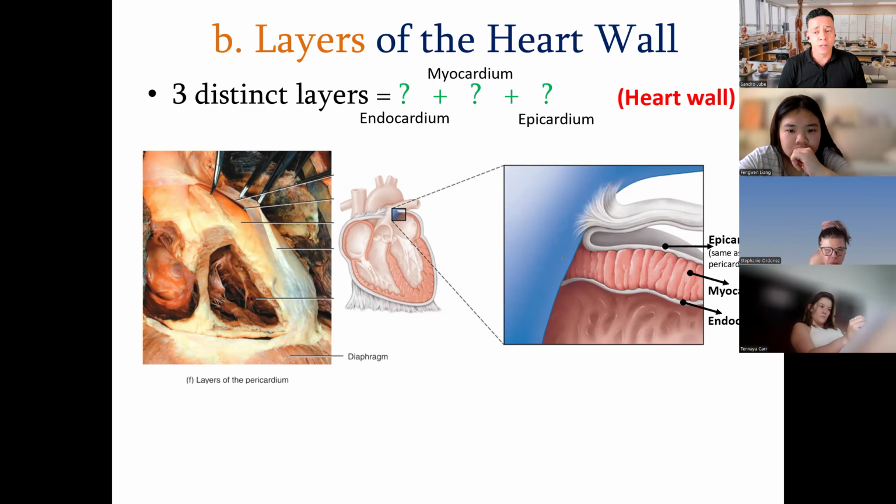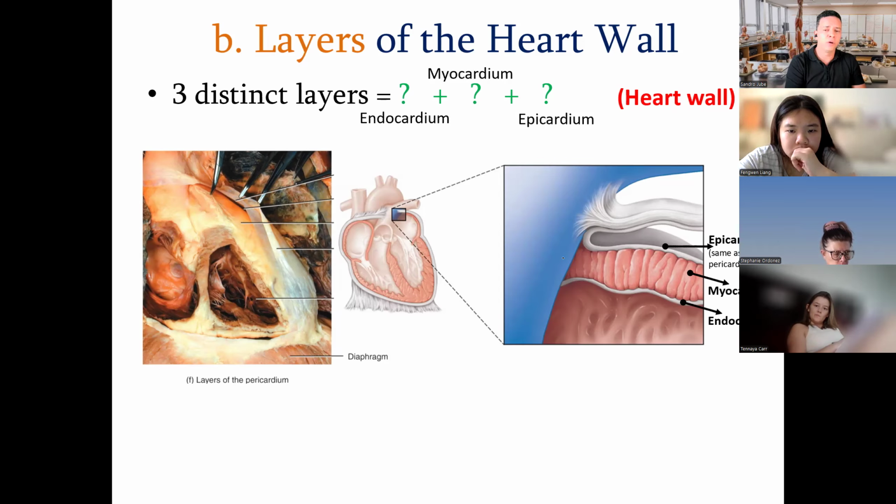Guys, the epicardium is the same as the visceral pericardium. Remember, we talked about the fact that our heart is surrounded by a double-layered membrane, right? A membrane that is folded in half. And this membrane is called the pericardial membrane, but because it is double-layered, there's 2 sections to it.